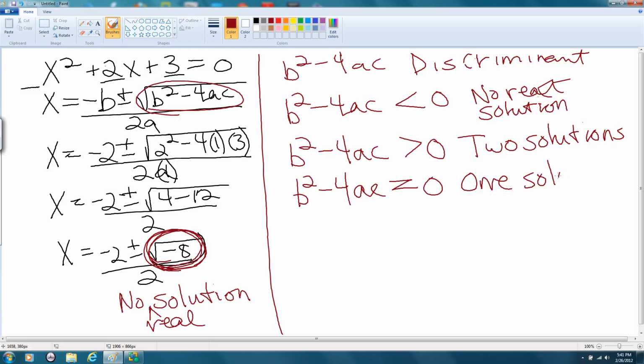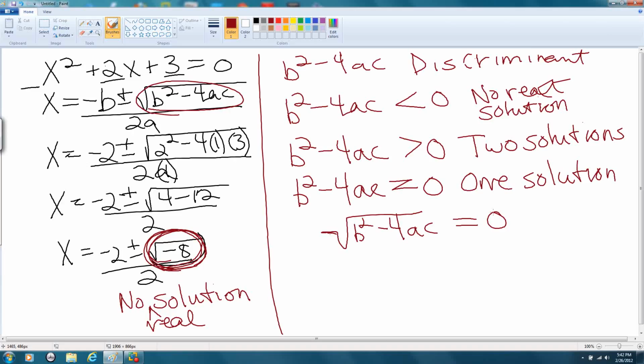And the reason for that, if you think about it, remember that the discriminant is the part inside the square root here. If this is equal to 0, then the square root of 0 is 0.